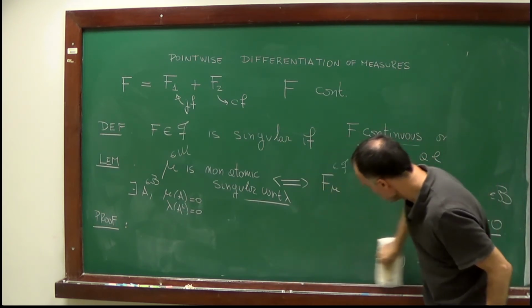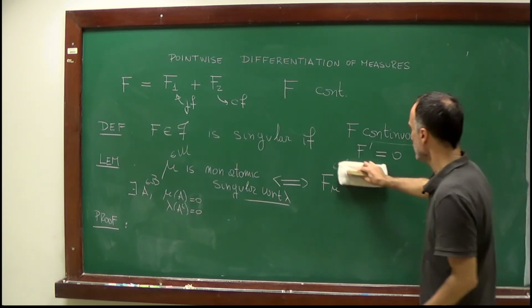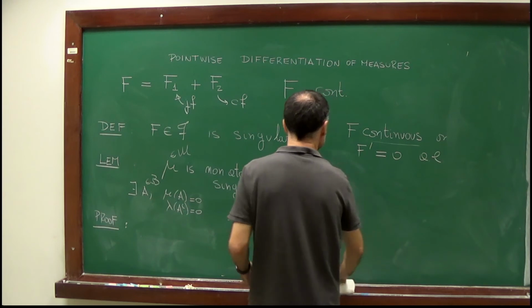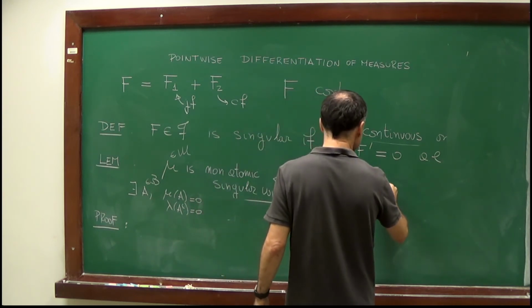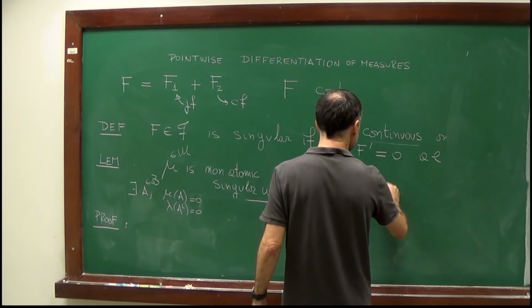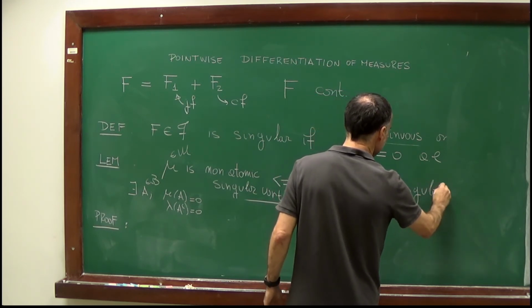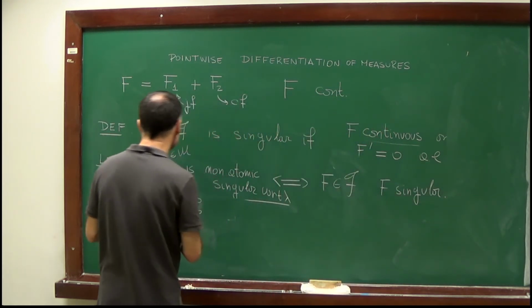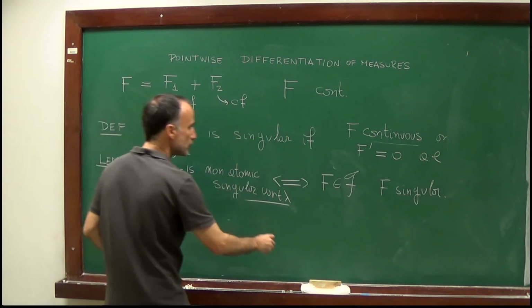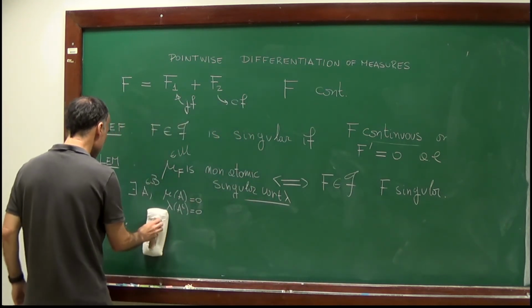So now I want to take a function f, which is singular, and I want to prove that the associated measure mu f is non-atomic and singular with respect to the Lebesgue measure.